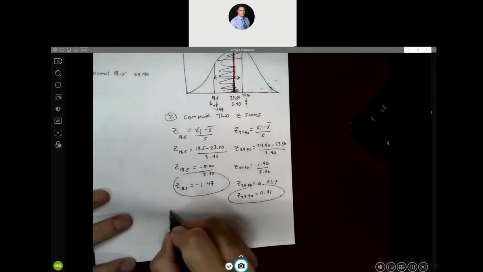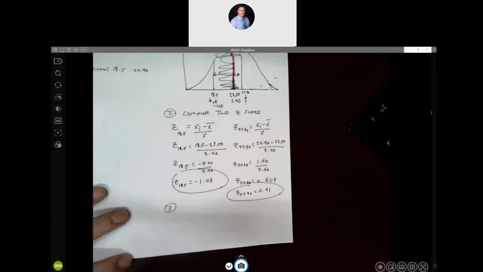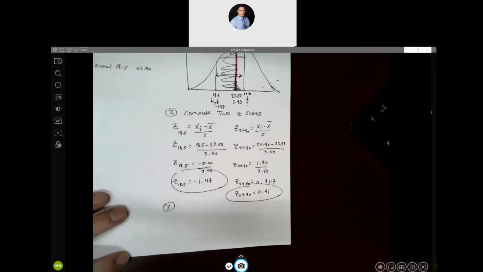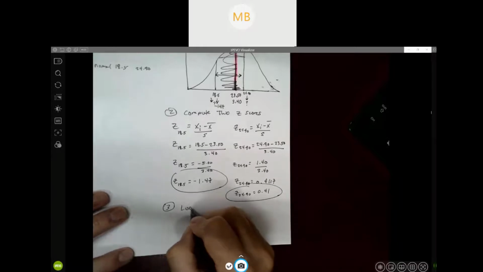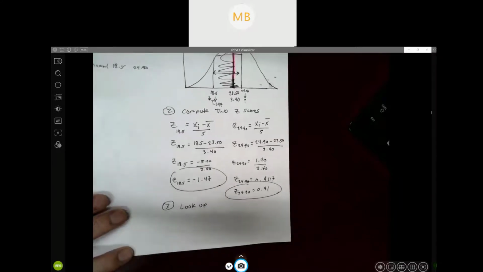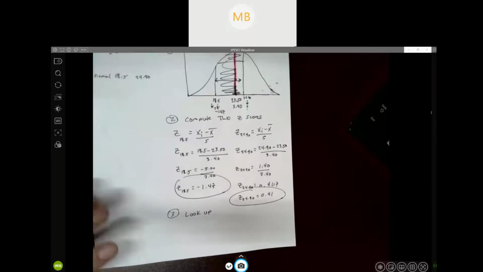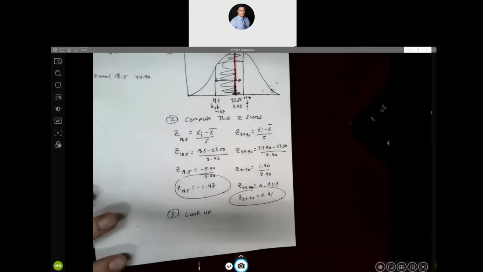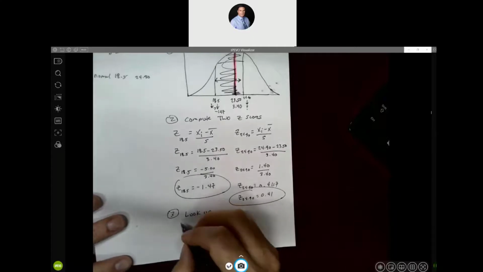Madison, what's step number 3? Step number 3 is to look up the percentage of scores within what you're interested in, right? In this case, we're going to do 2.